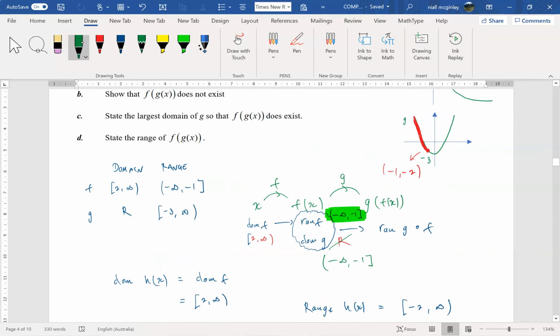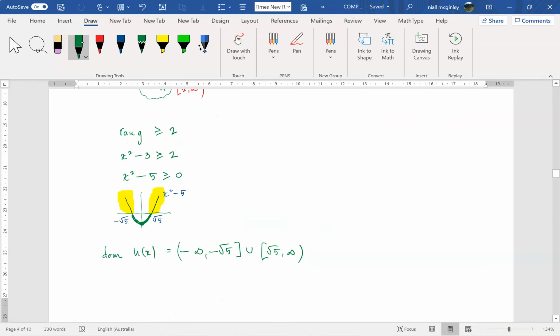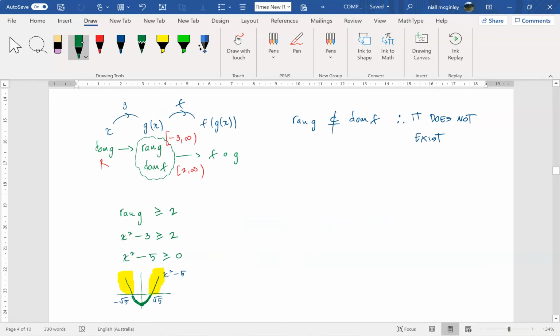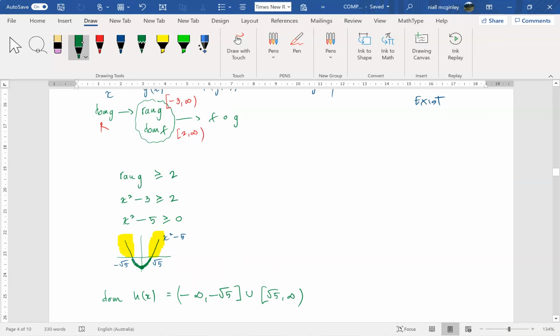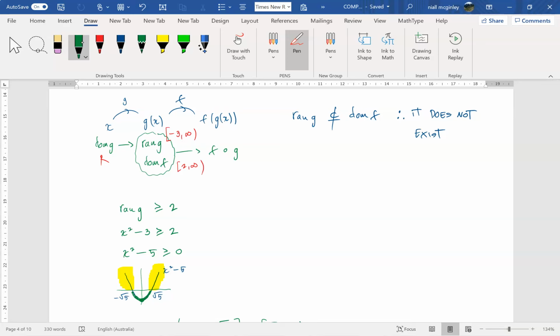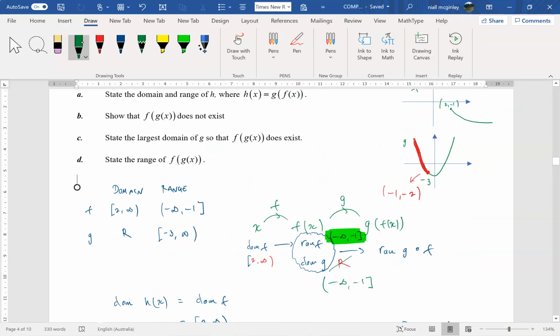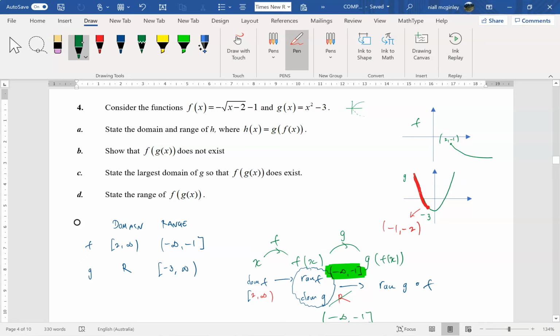And the last part is to state the range. We know this is going to be the new domain of the function. When we use this domain, it's going to produce values from 2 to infinity. Therefore, the domain of f will just be the same, 2 to infinity. So if you look at the graph of f, it's just 2 to infinity, so it's everything.